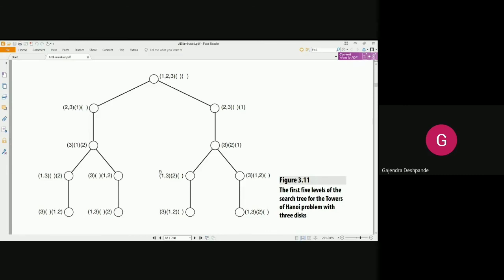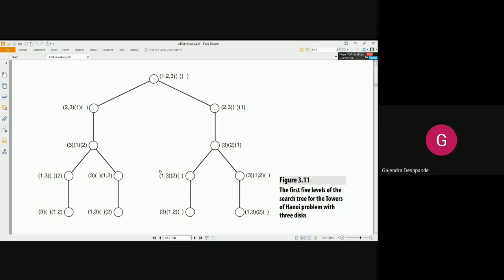Then similarly, you can observe the right hand side of the tree. So you can move disk 2 to the second peg. Now in this condition, again you traverse further, again you go down the tree.